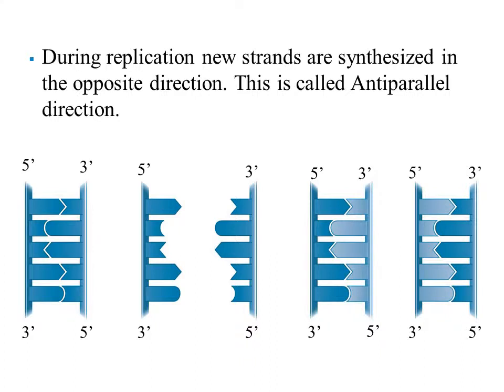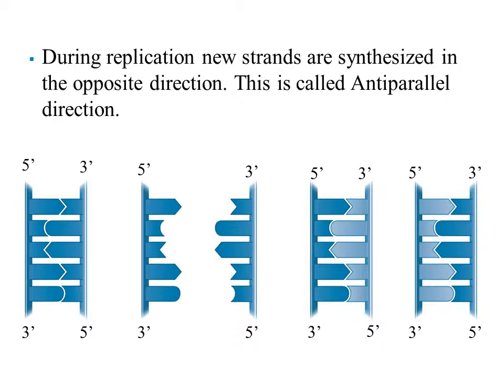During replication, new strands of DNA are synthesized in the opposite direction. We refer to this as antiparallel direction. In the picture below, to the far left, that is a DNA molecule which is composed of 2 DNA strands. The 2 strands are going to be separated. What holds those 2 strands together are hydrogen bonds, a very weak bond, easy to break.